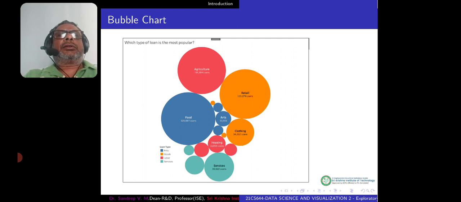So that talks about position of any circle or a bubble, tells about the two values of x-axis and y-axis, a pair, and then the size of that talks about another quantity. The bigger the quantity, the bigger will be the radius of the circle, and color can be used for one more.